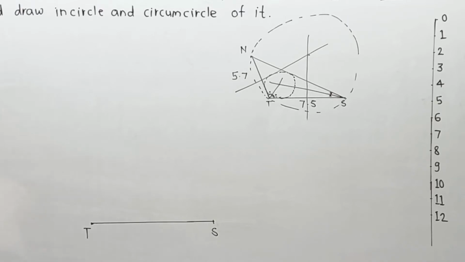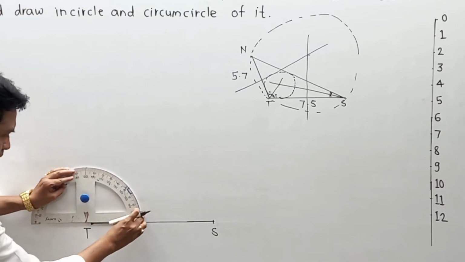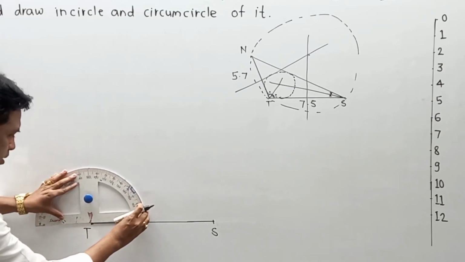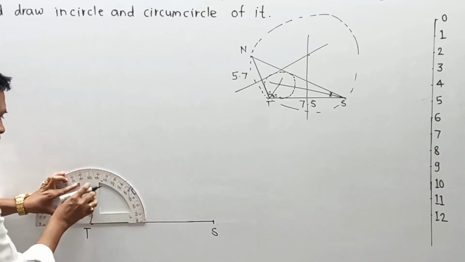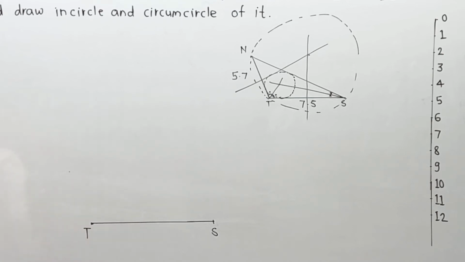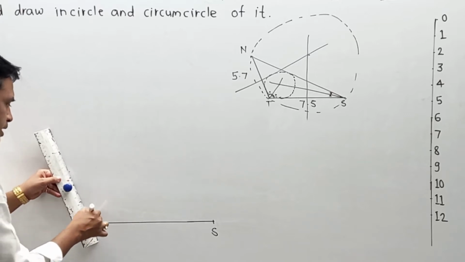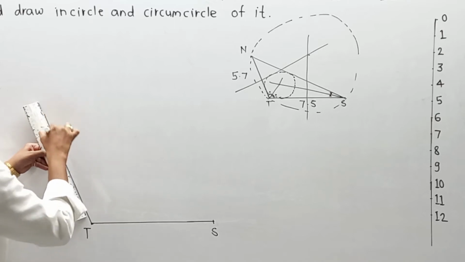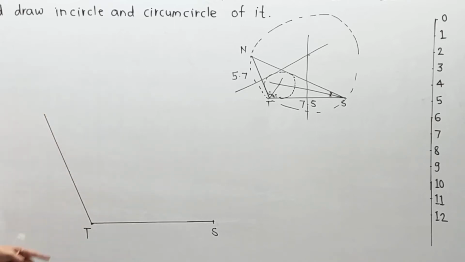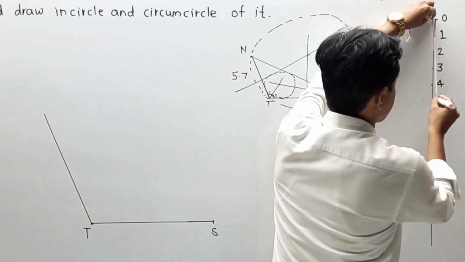So your part is here in the protractor, starting from vertex T: 90, 100 and 110. So with the help of point T and angle 110, we are going to complete the structure. Again, from T to N, this distance is 5.7. So again, I am going to complete this part, 5.7.